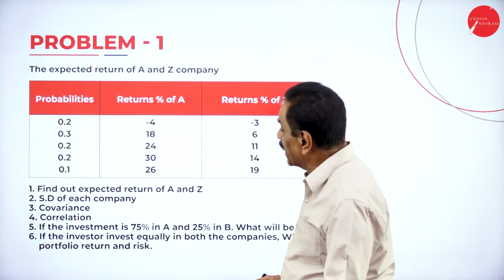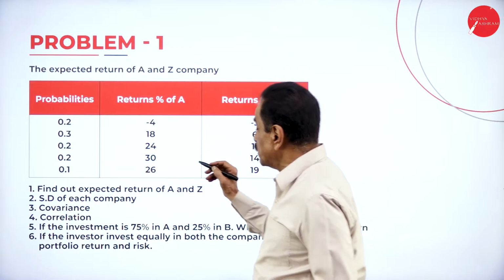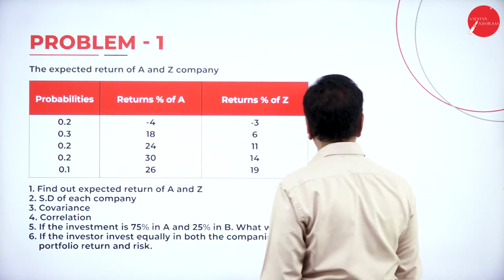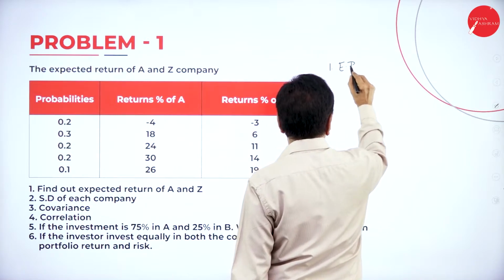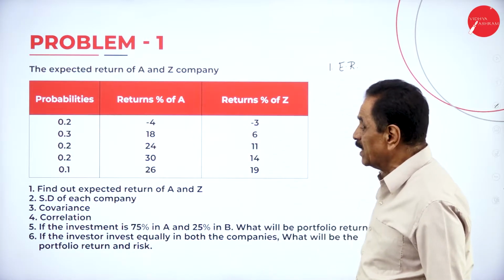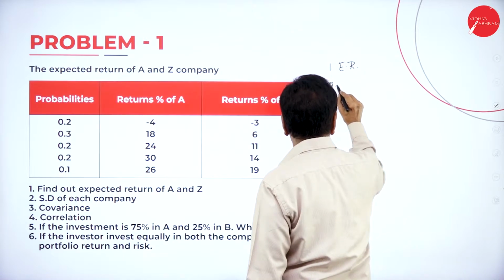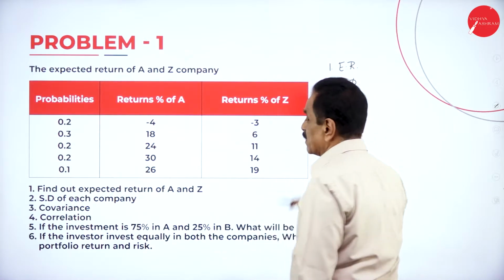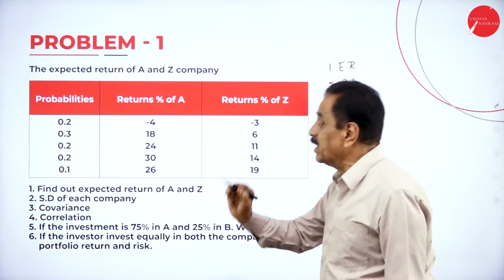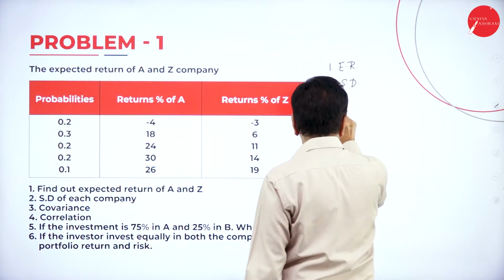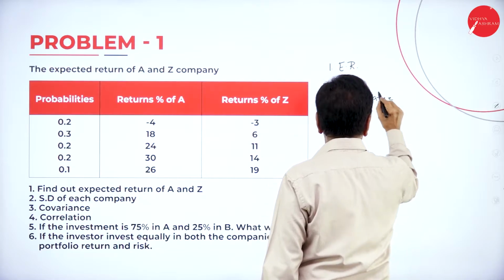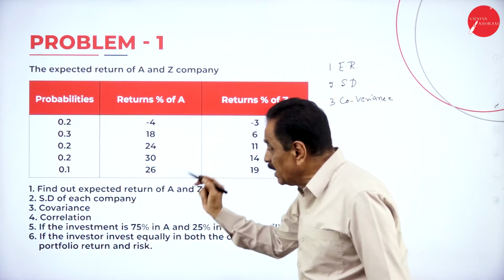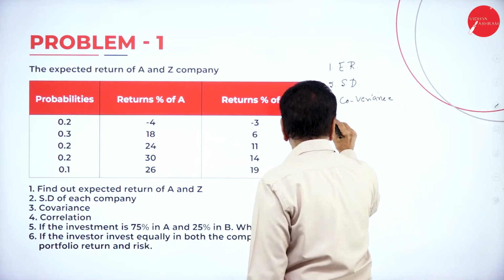So what they are expecting now, what they want: expected return, number 1, then standard deviation they require, then covariance they require, then they require correlation.